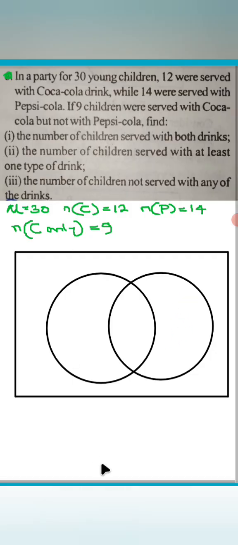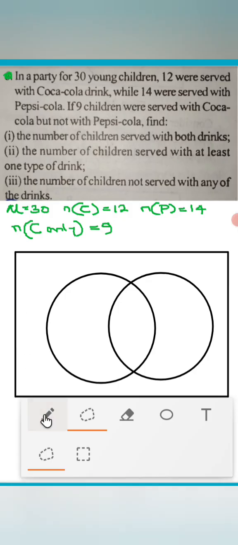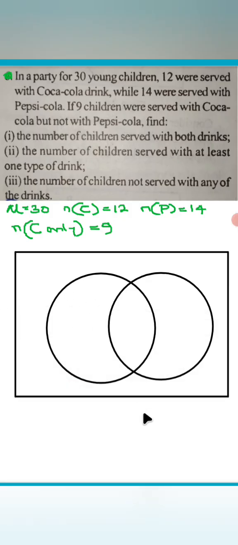So the universal set in this case is 30. I have the number of C right here to be 12. Then I have the number of P, Pepsi Cola, is 14.